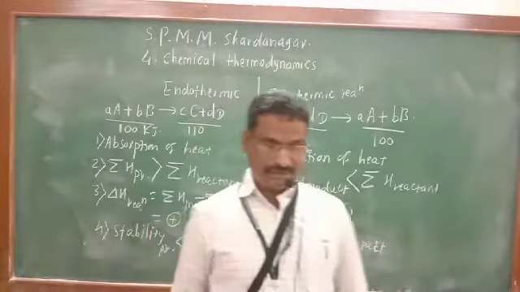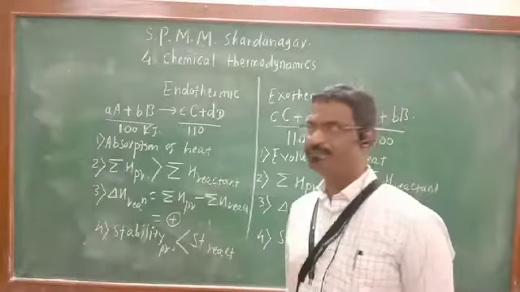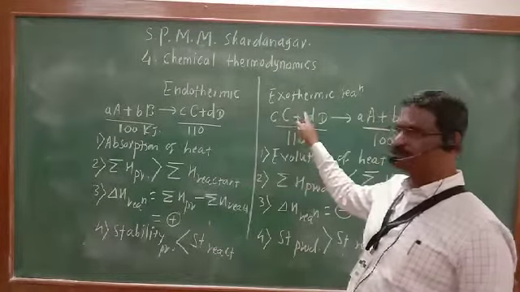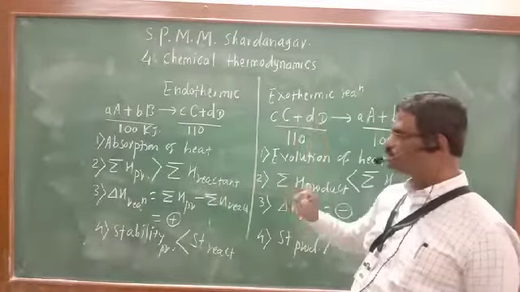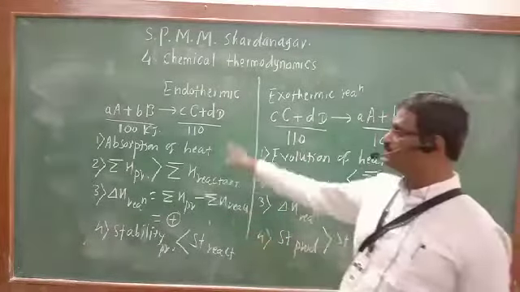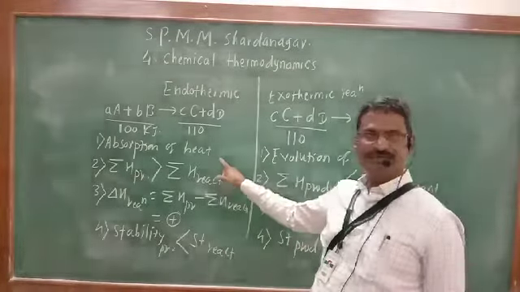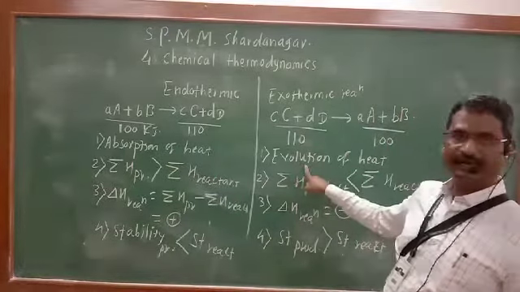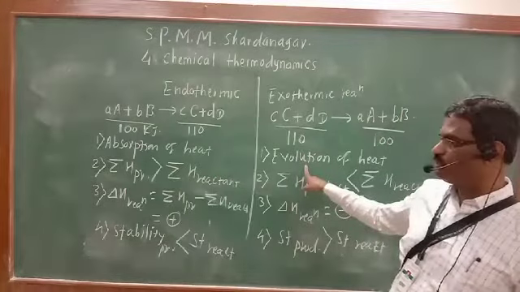If it is asked in the exam to write the distinguishing points between endothermic and exothermic chemical reactions, you must know these at least 4 points. Endothermic reactions are the reactions taking place with absorption of heat. Exothermic reactions are the reactions taking place with evolution of heat.